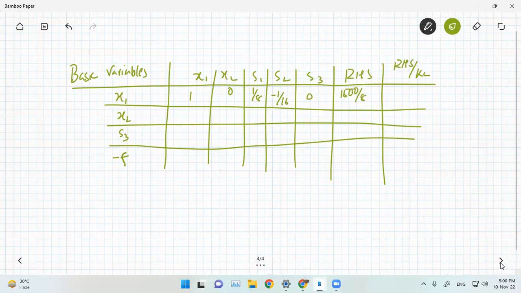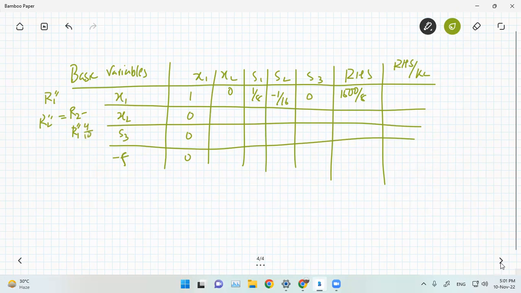And using the pivot method, this is your row 1 double prime. We know that we have to make these values 0. So row 2 double prime will be row 2 minus row 1 double prime multiplied with 4 by 10.